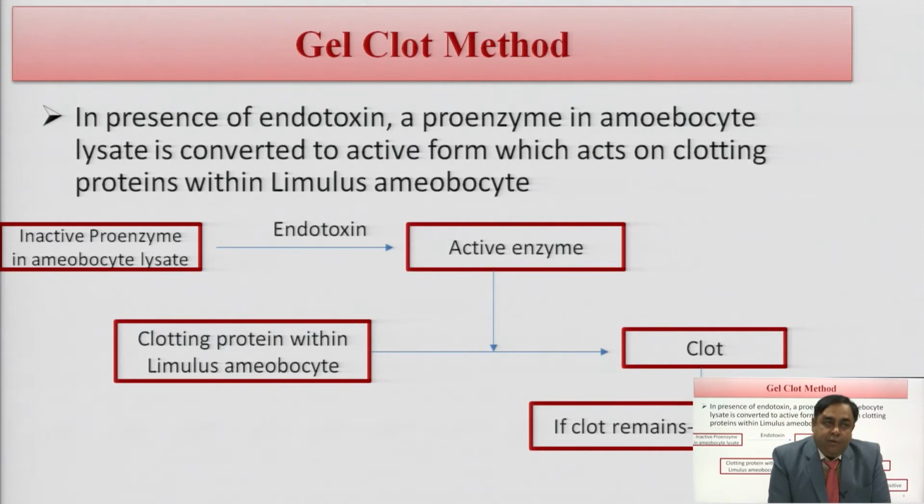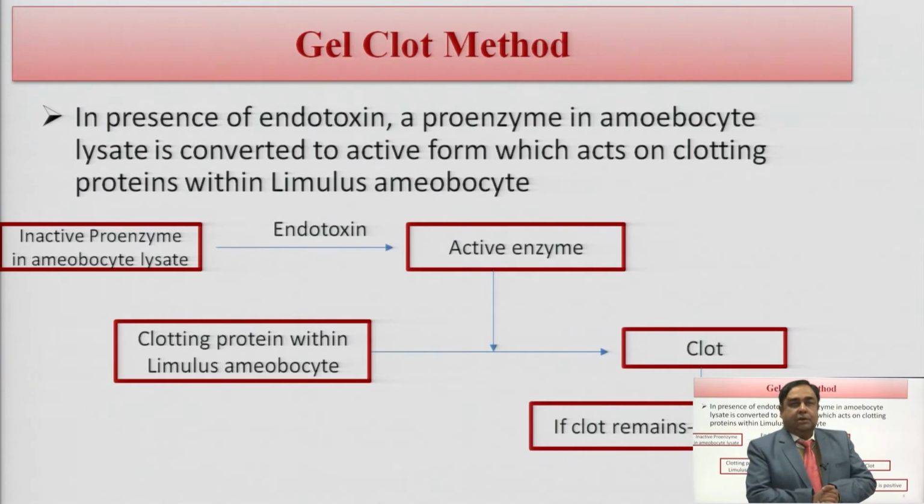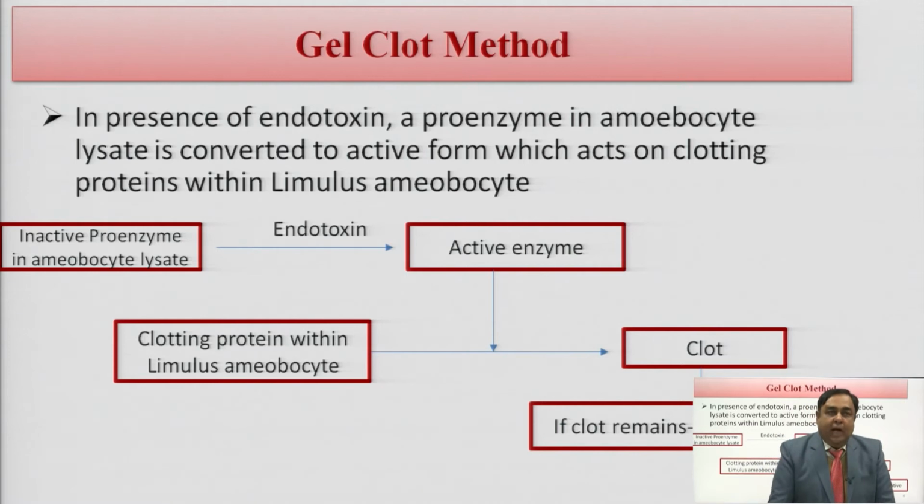I am repeating once again. In presence of an endotoxin, the proenzyme which is present in the amebocyte lysate, which was earlier inactive, is now converted into an active form.